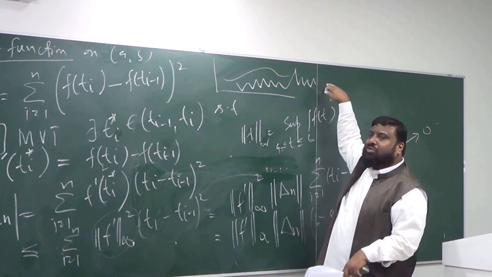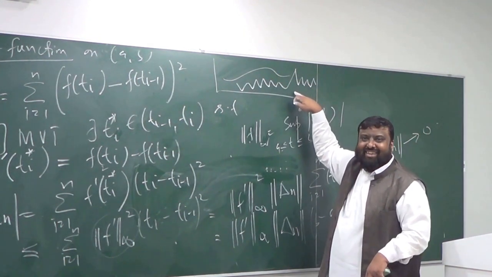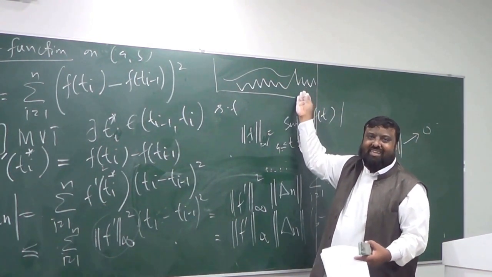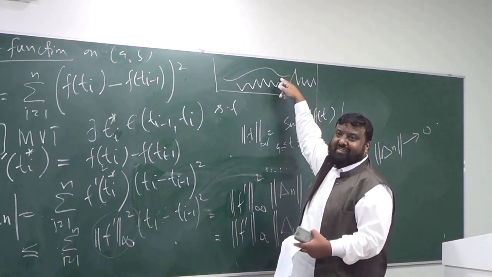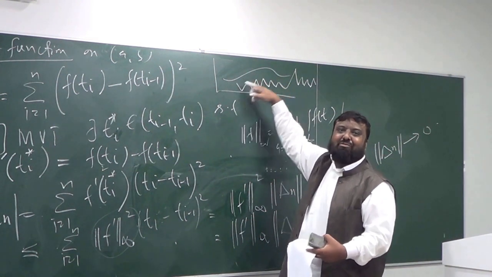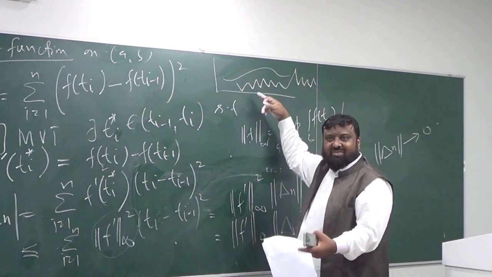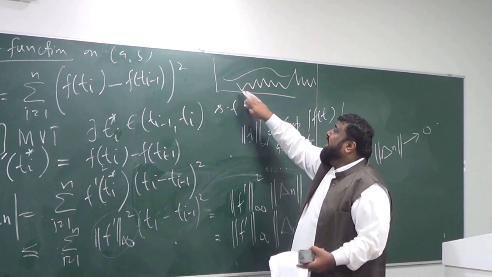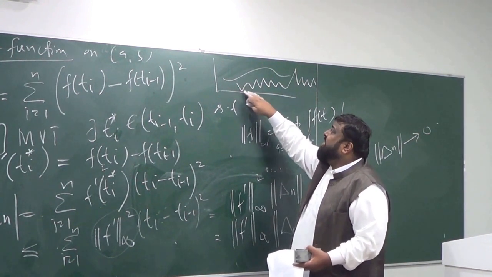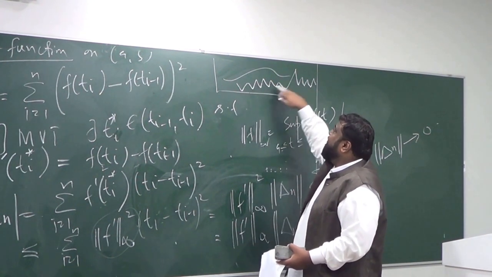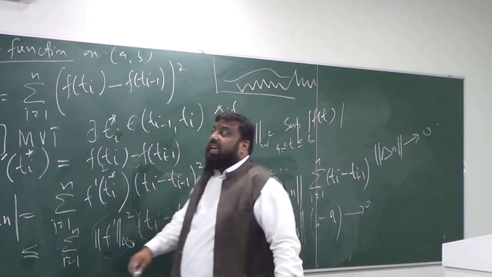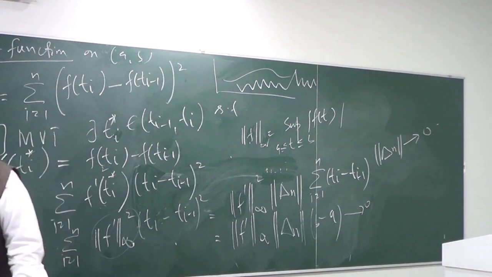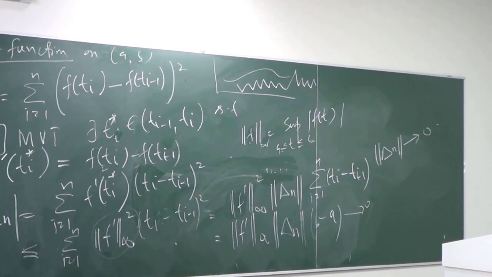Well, that's continuous too actually, not differentiable. So this is not a good example of continuity. That's an example of a differentiable function. What I'm saying is that I can have functions which are wiggly, in other words random in nature, and they are continuous, and their quadratic variations are 0.